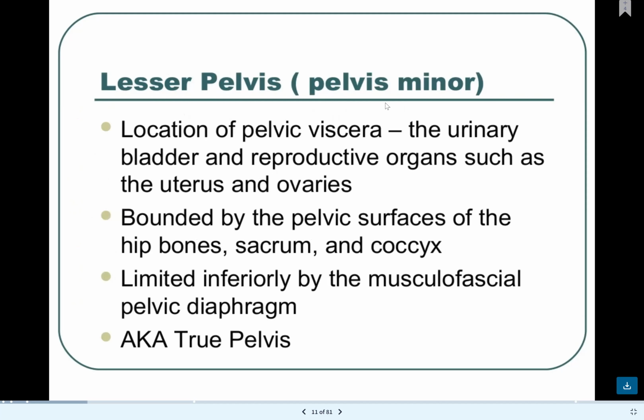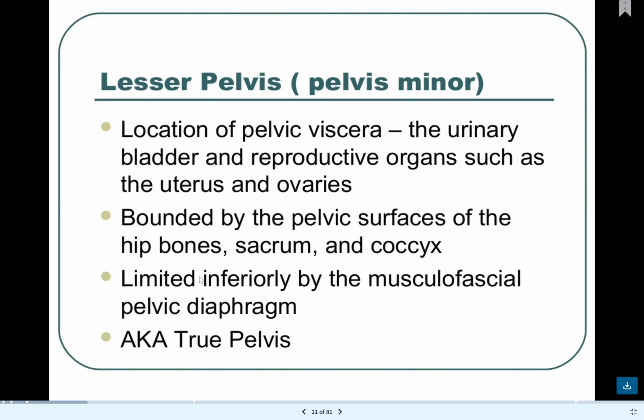Then the lesser pelvis, or the pelvis minor, is where we actually have the main pelvic cavity. It is the location of the pelvic viscera, where we have the urinary bladder and the reproductive organs, such as the uterus and the ovaries in females. This pelvis minor is bounded by the pelvic surfaces of the hip bone, the sacrum, and the coccyx.